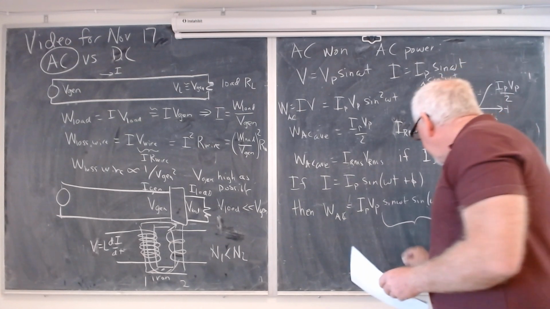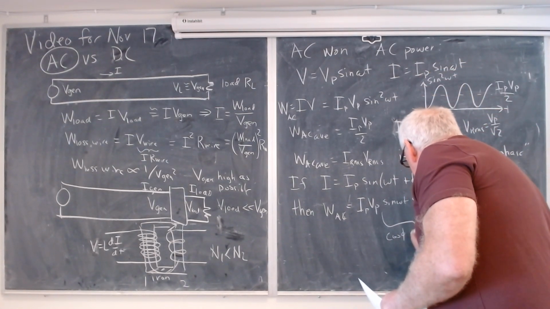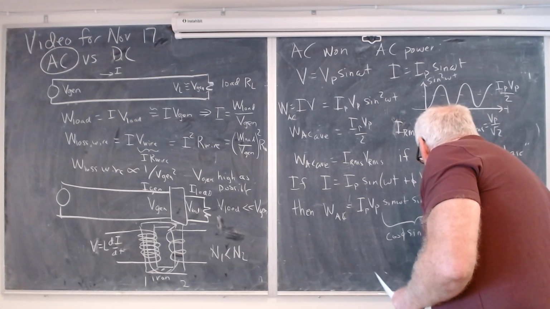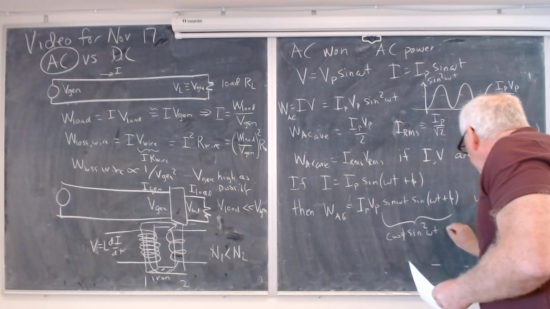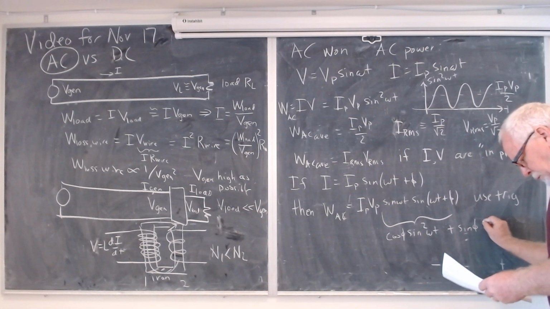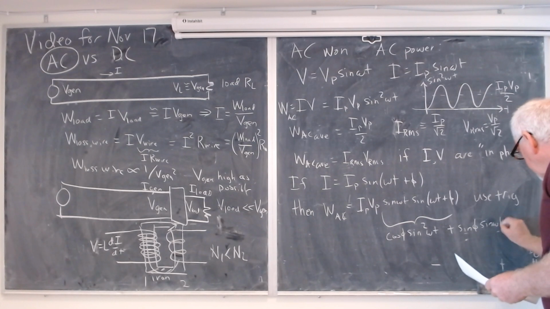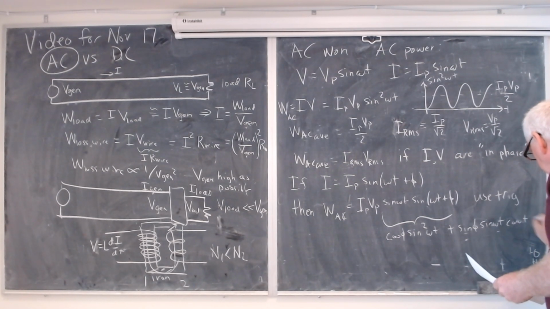And that expands to cosine phi sine squared omega t plus sine phi sine omega t cosine omega t.